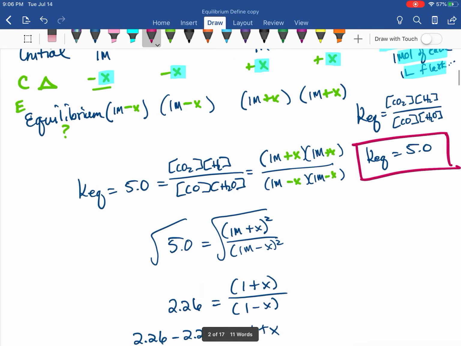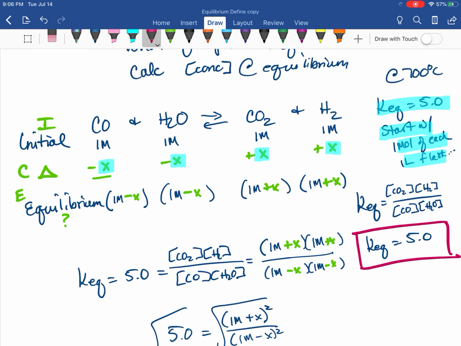So let's go back up here. I'm going to write it in pink because I'm just feeling pink. This is our change. So that means that we need to subtract 0.387. We're going to subtract 0.387. And then over here, we're going to add 0.387.